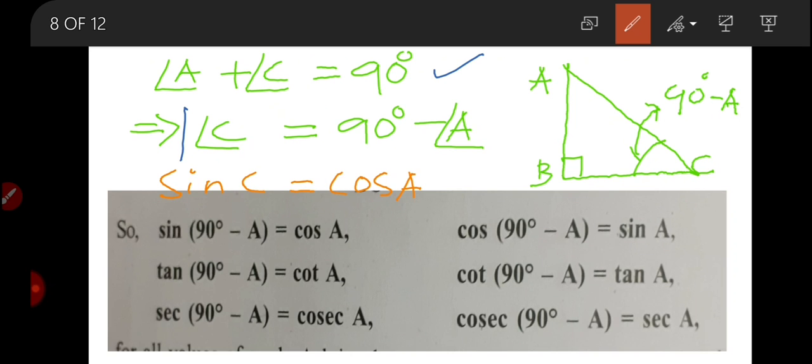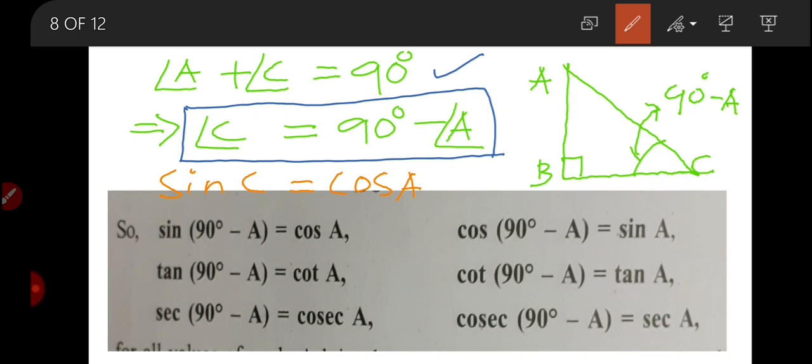So angle C equal to 90 degree minus angle A. Here angle C is complementary to angle A, so sin C equal to cos A. You know angle C is 90 degree minus A, so sin(90 degree minus A) equal to cos A. Similarly you can write tan(90 degree minus A) equal to cot A, sec(90 degree minus A) equal to cosec A, cos(90 degree minus A) equal to sin A, cot(90 degree minus A) equal to tan A, and cosec(90 degree minus A) equal to sec A.